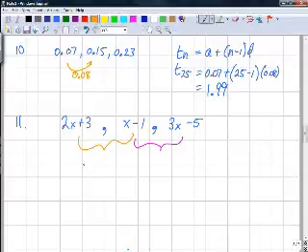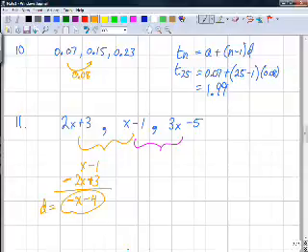Okay, at 4 across, I'm at negative 11.3. I'm way down there.